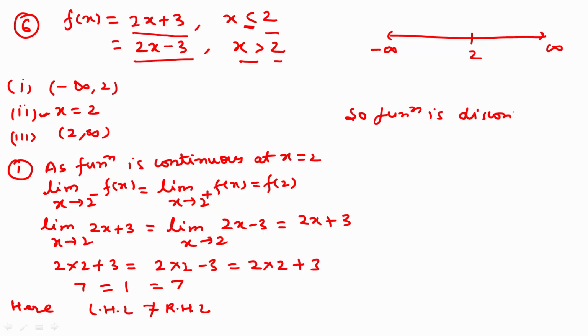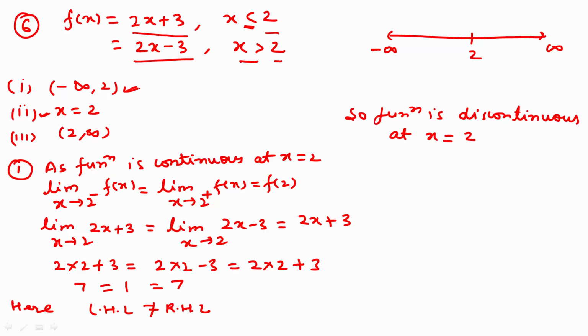We have to find the point of discontinuity, not the point of continuity. So function is discontinuous at x is equal to 2. Now you have to check from this interval minus infinity to 2.